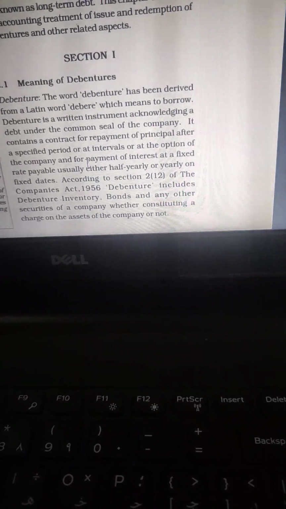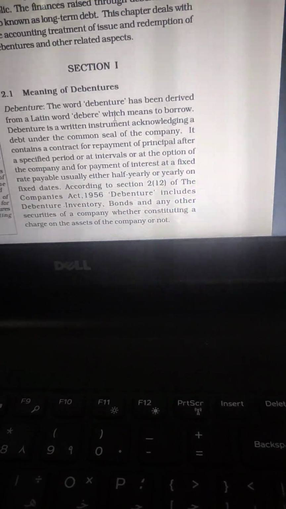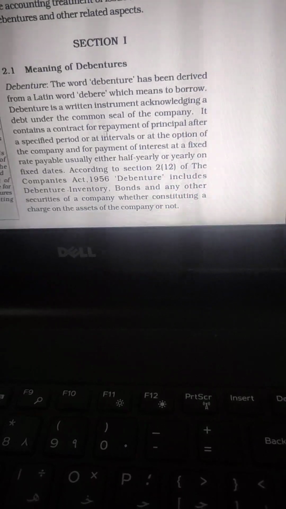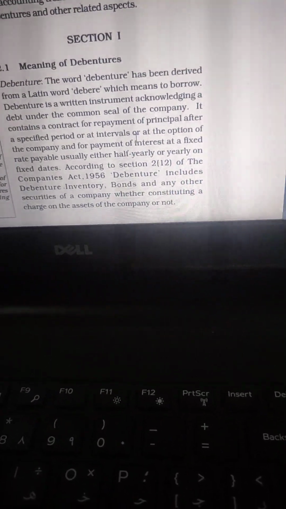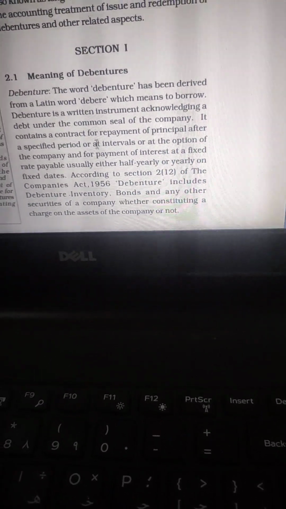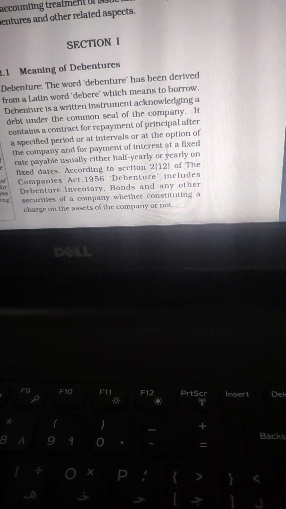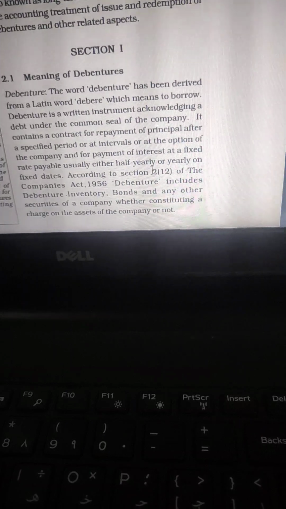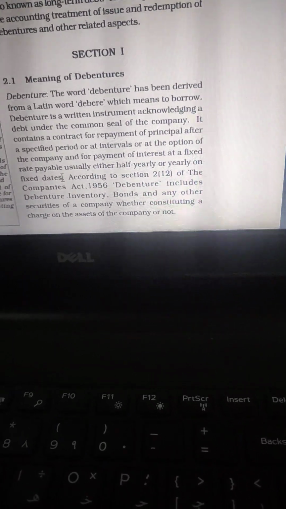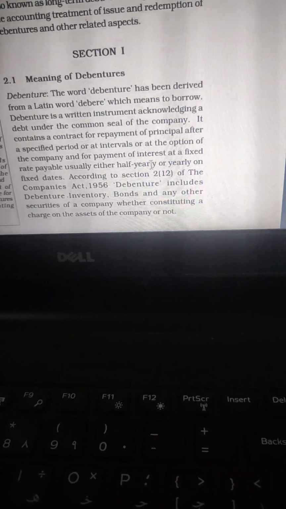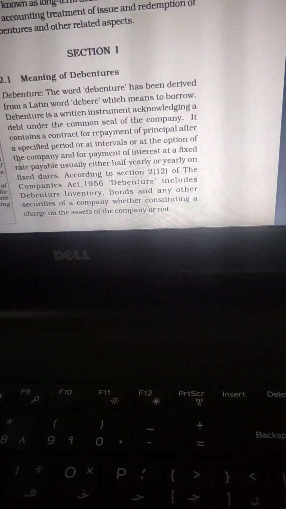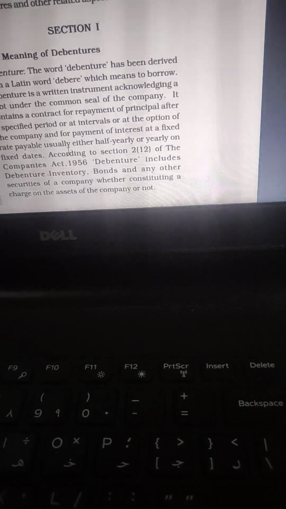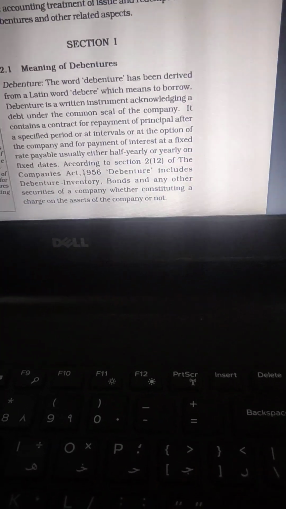And also, if a person or an institution or an organization gives a debt to the company, they will get the principal amount plus the interest at a fixed rate, payable usually either half yearly or yearly. Half yearly means after 6 months, or 1 year, at a fixed rate. A fixed date is fixed for the payment of interest.